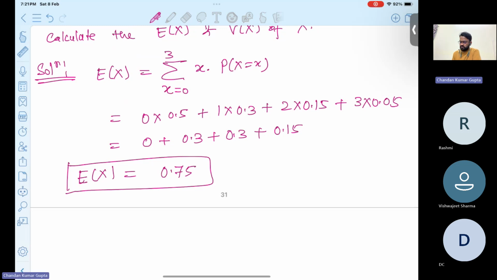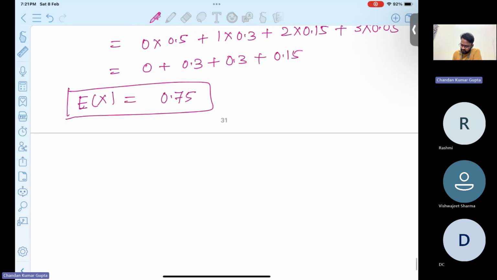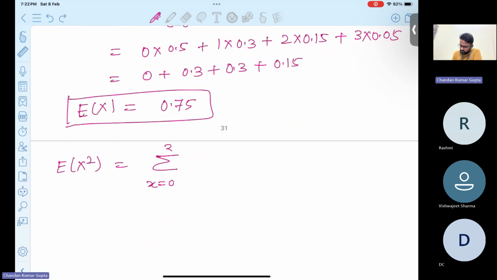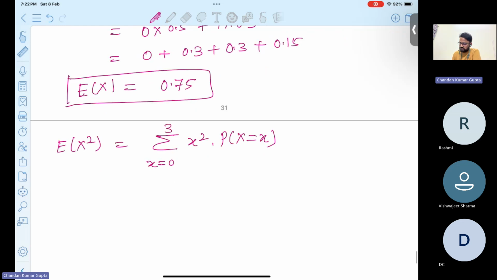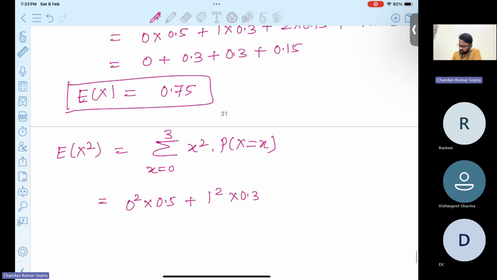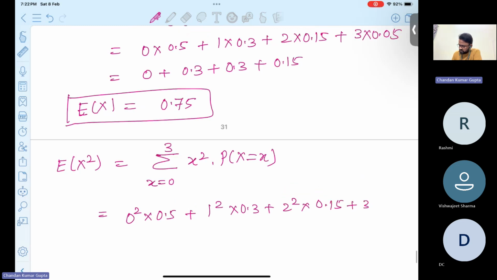Okay, and what about the variance? Now again, we need to calculate the expectation of x square, which is defined as summation x from 0 to 3 x square, probability that X equals x. This is the notation for PMF actually. So 0 square into 0.5 plus 1 square into 0.3 plus 2 square into 0.15 plus 3 square into 0.05.